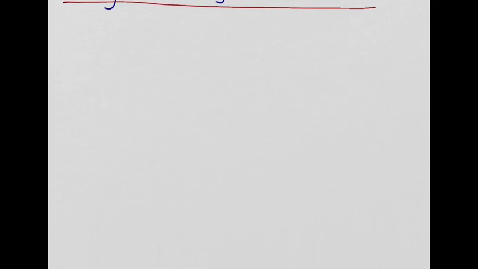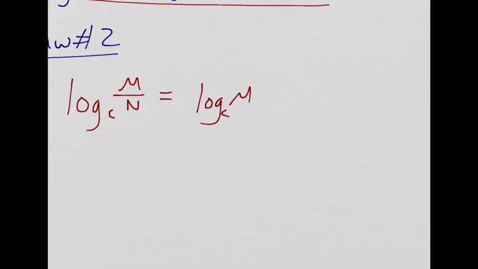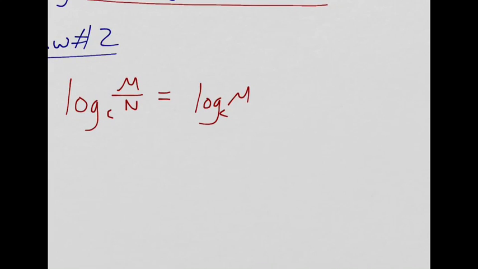Alright, the second law looks like this. It says the log of m over n. This is a quotient inside your logarithm. That's the same thing as going the log of the first upper term, or the numerator, minus the log of the denominator, n.